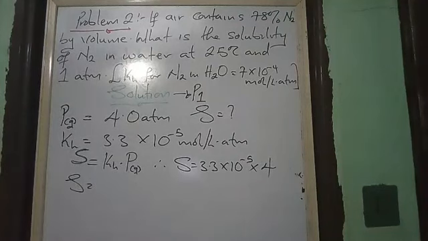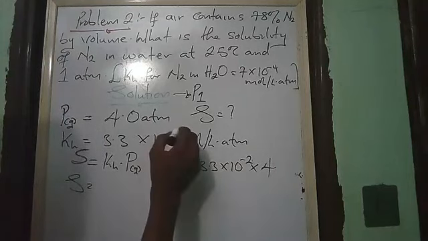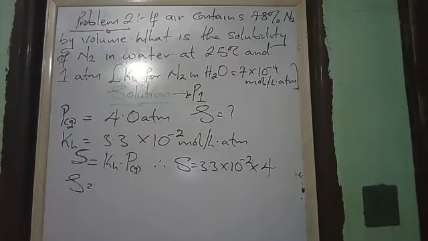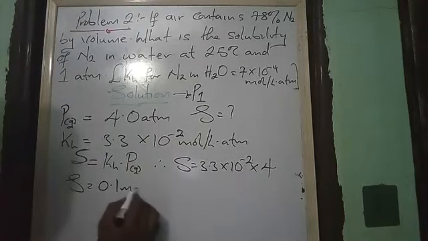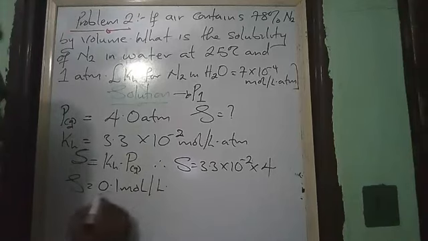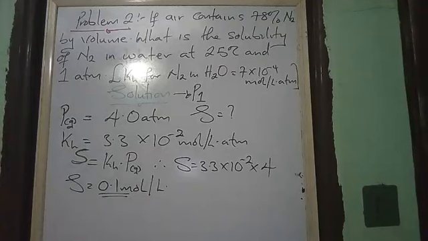Hold on. Mole per liter, yes. The question says use power minus 2, so you're having 0.1 mole per liter. That gives us the answer for the solubility of that gas.